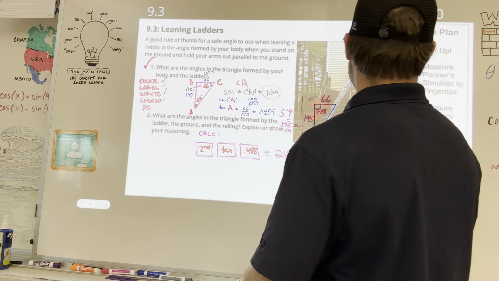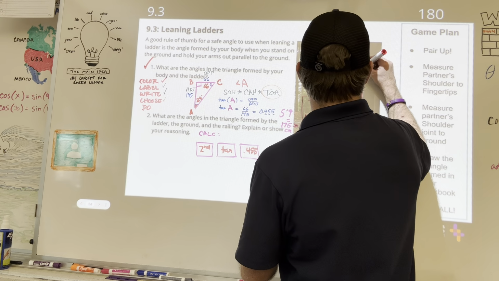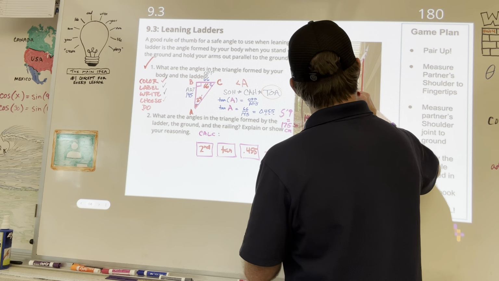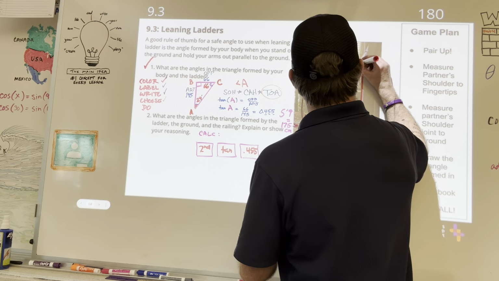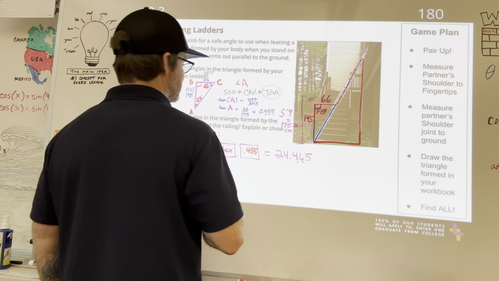The ladder, the ground, and the railing. Okie doke. This one's cool. Ready for something crazy?